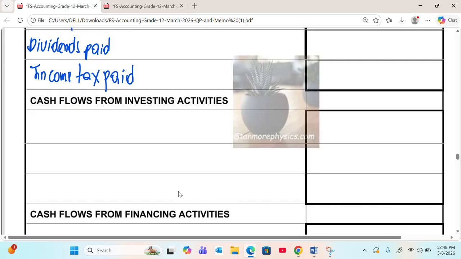And also the finance asset will be recorded under cash flow from financing activities. But under investing activities, I just want you to think about the movement of fixed assets, of your land and buildings, equipment, vehicles. Are we buying or selling those fixed assets? The movement of those assets will be recorded under cash flows from investing activities.